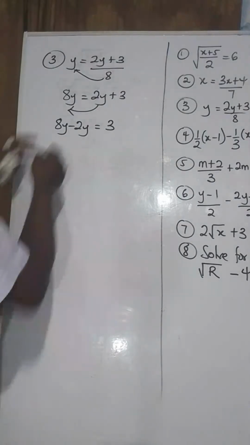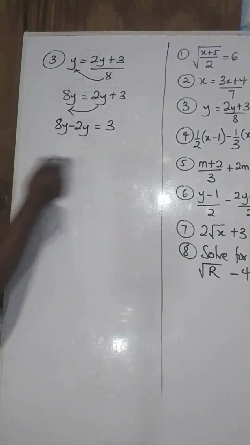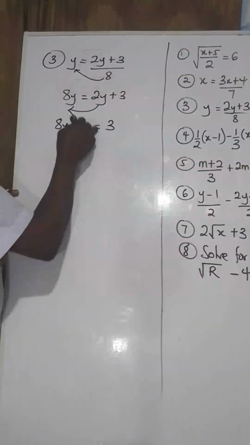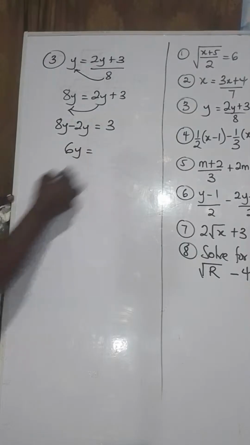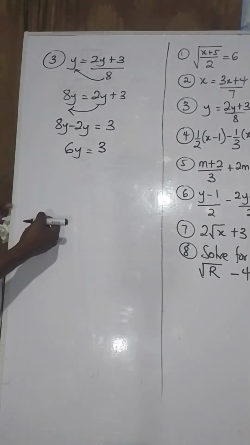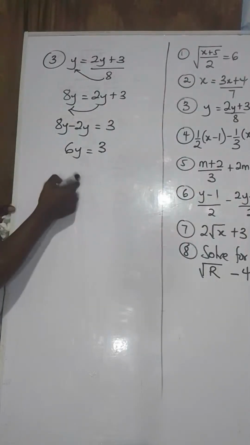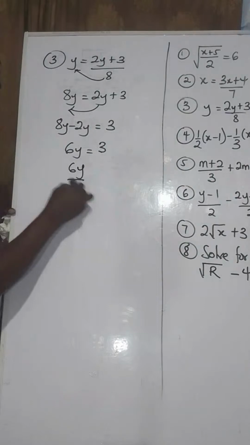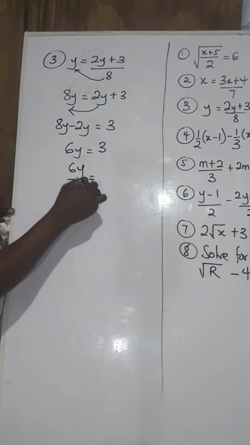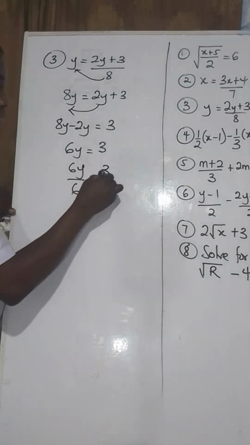In this case, 8y - 2y will give us 6y = 3. So you divide through by the coefficient of y, that is 6. So we have 6y on 6 equals 3 on 6.